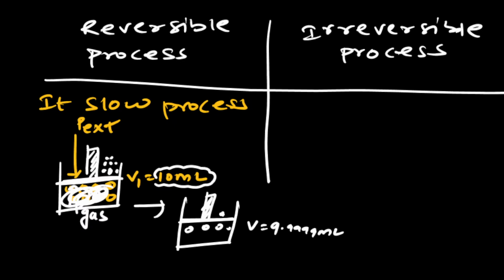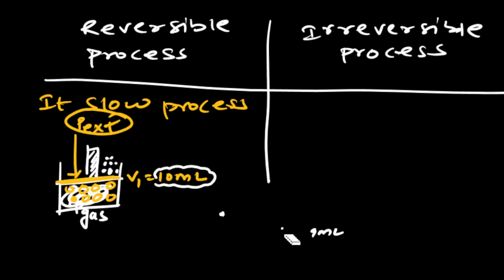I can say that when I see the change in volume, P external and P gas become equal. That's the reason the piston is stopping here. Why is the piston stopping here? Due to P external and P gas becoming the same.